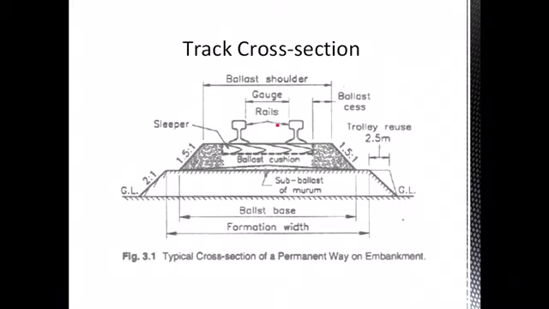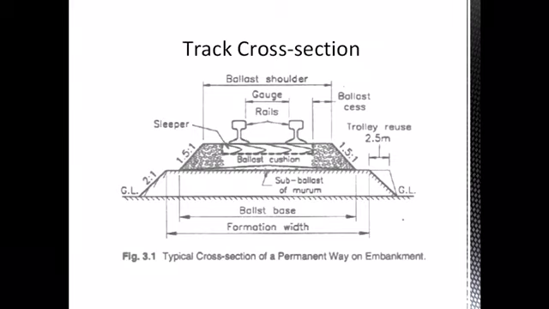The distance between these two rails needs to be maintained uniformly, and the distance between the two rails we call the gauge. The sleepers are the wooden or concrete girders on which your rails will be fitted.